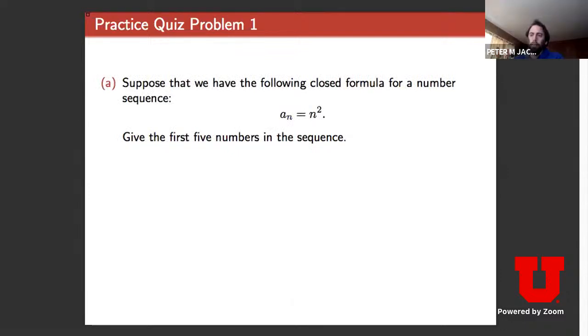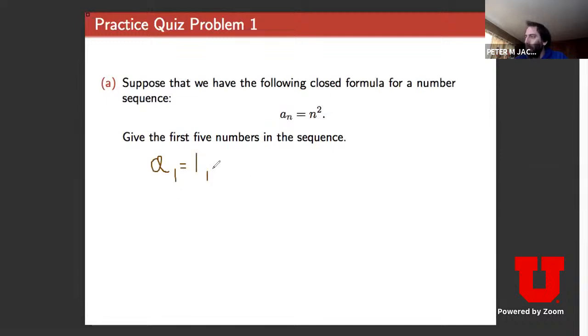All right, let's start doing this just because we have a lot of problems. The first one, we have to write out the first 5 numbers in the sequence. So this is pretty straightforward. The first one is A1, so that's going to be 1 squared.